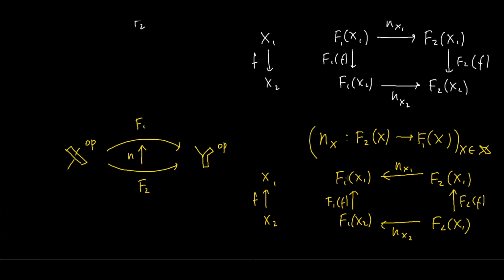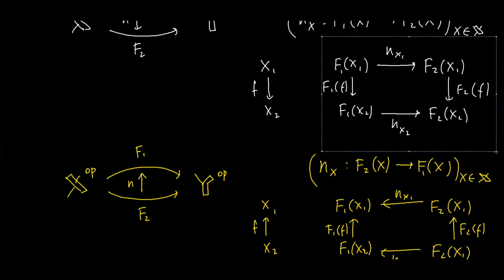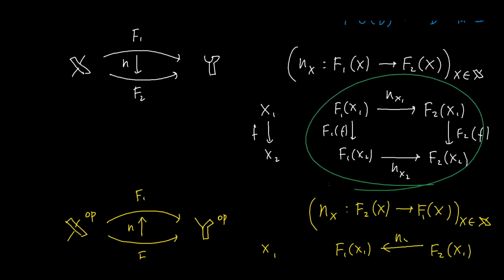But you see, this diagram is the same as this one. It's not literally the same, but remember we were requiring this for every f. This is exactly to say that n is a natural transformation from this functor to that functor. Because if you just rotate this diagram by 180 degrees, right, it matches exactly with this one.